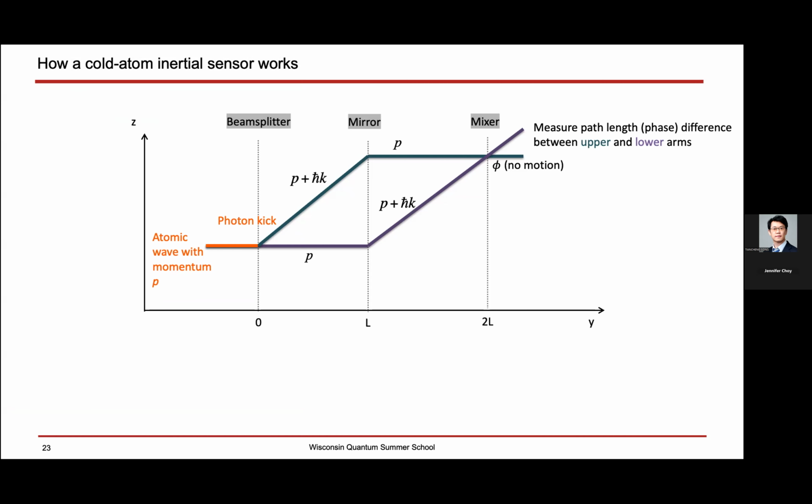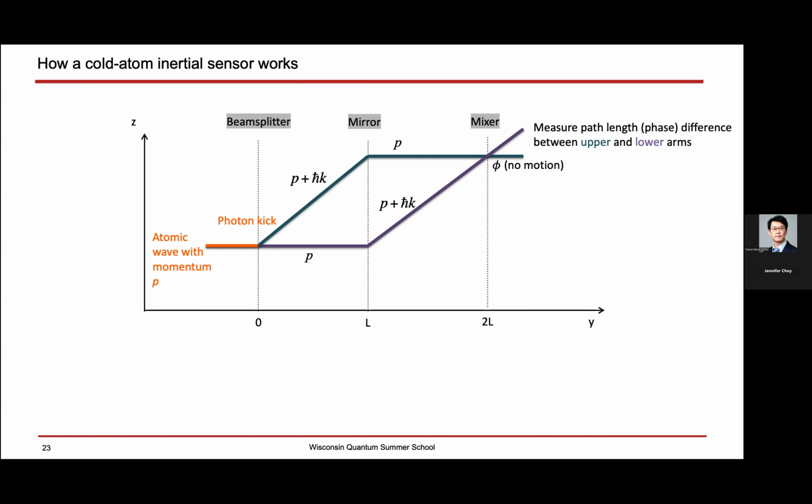I'm initially sending this atom along the y direction, and then I'm adding a beam splitter that splits apart the wave packet in the z direction. So here I open up my interferometer. In one arm, I'm not adding a momentum change, and in the other arm, I'm adding a momentum kick, and that's why you have this splitter.